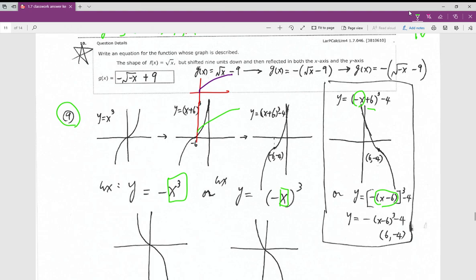So you reflect on x. If you reflect on x, it becomes, which color? Let me see. How about this color? This one reflects on the x. So negative become positive, positive become negative, right?